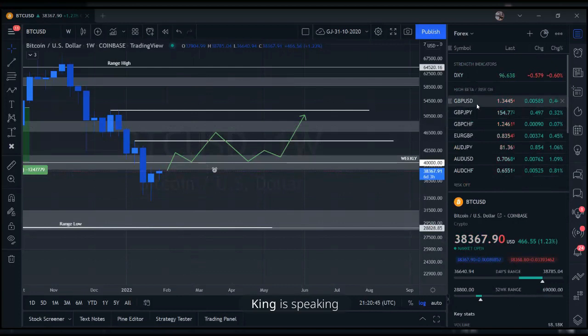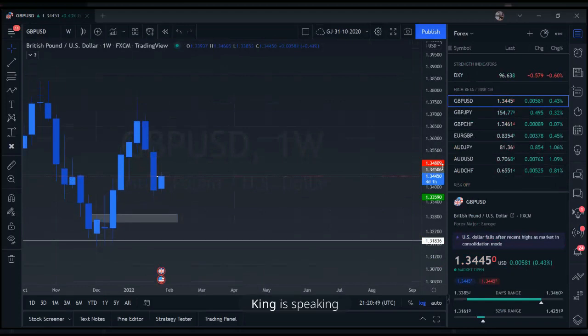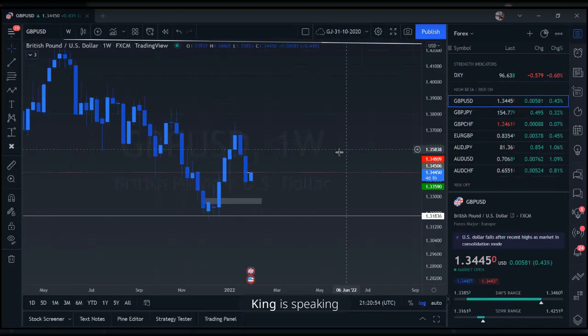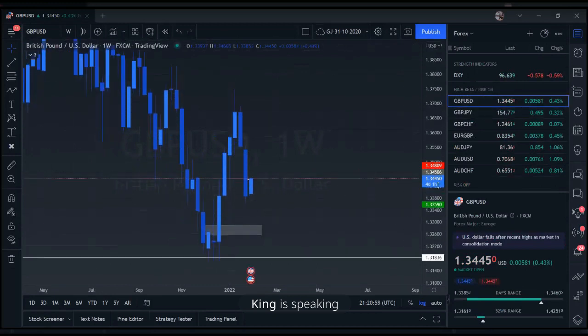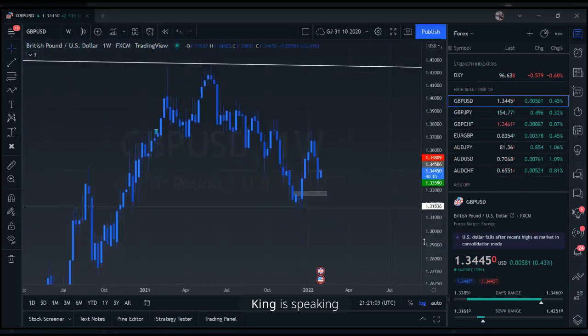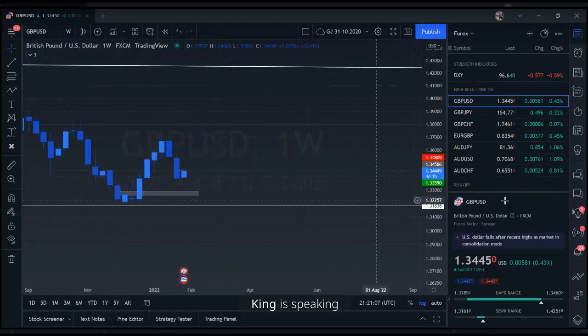Another thing I'm paying attention to is the pound against the dollar. I am short from 134.50, but just because Bitcoin's found support, I'm wondering if we could possibly find support here at these levels as well.